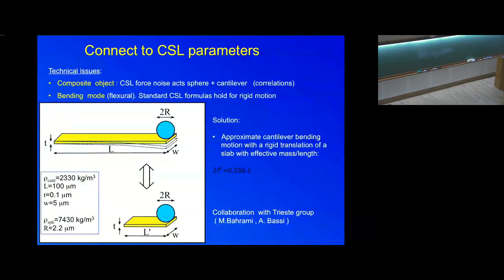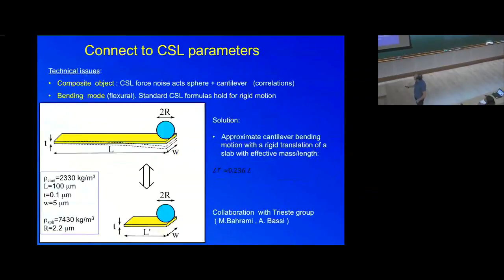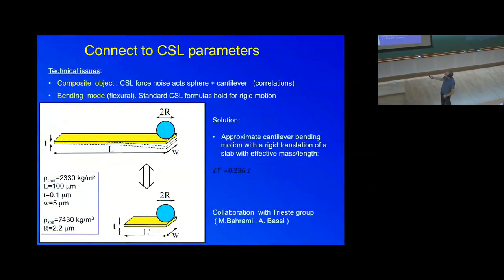It's just the cantilever. This is the vibrational bending mode of the cantilever. And we have this sphere here. And one of the questions was actually how we go from the measurement.